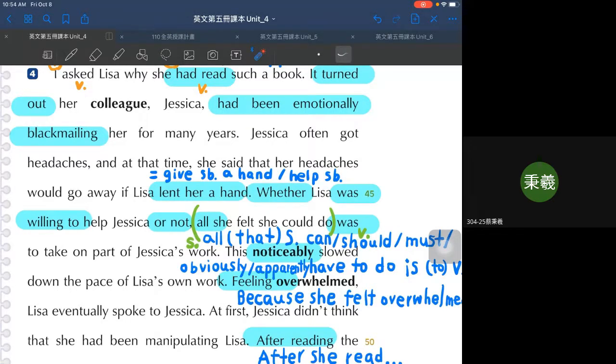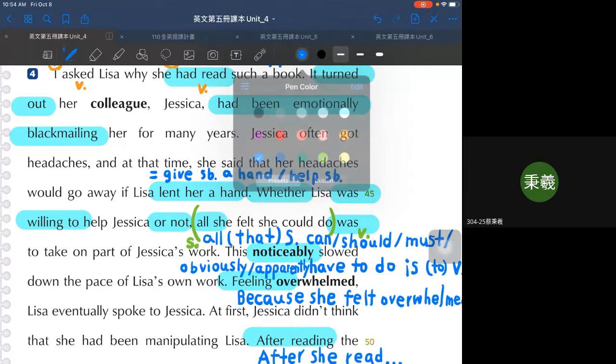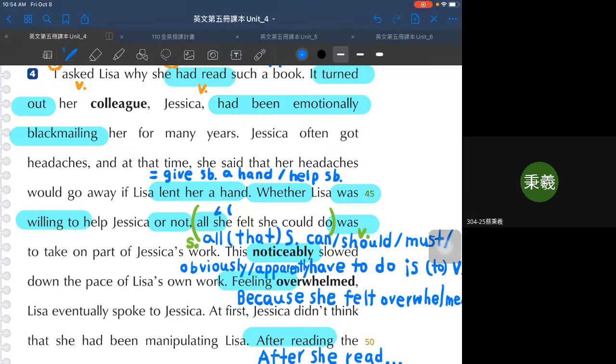So all that she felt she could do. So basically, originally we should have a that here, to make this one like a clause to describe what those things are. So all that she felt she could do was what? Was to take on part of Jessica's work.